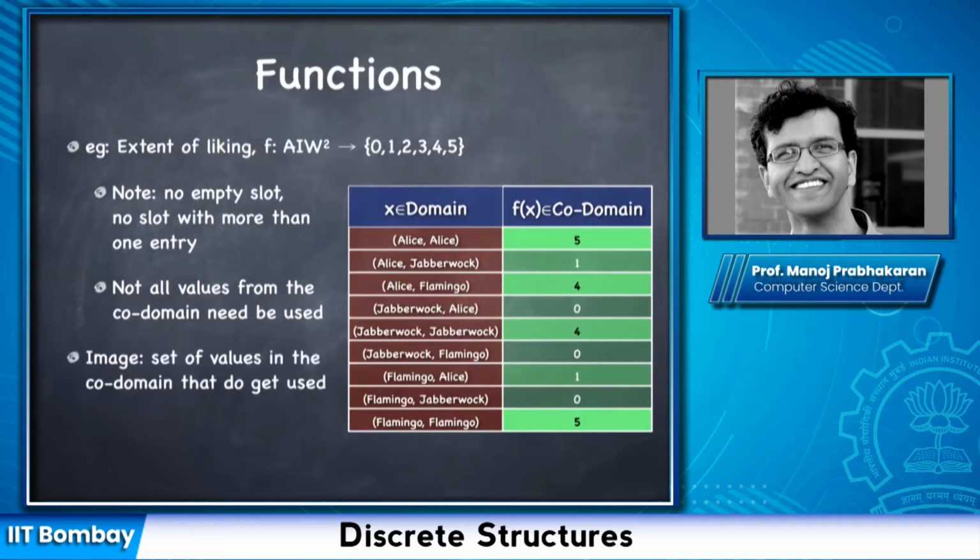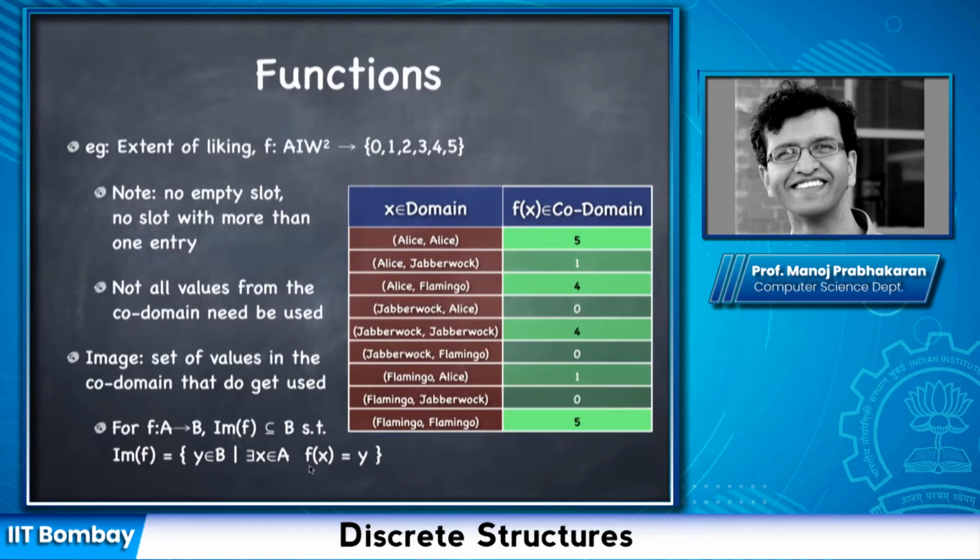That set of values which did get used by the function would be called the image of the function. Formally it's the set of all values in the codomain such that there is some element in the domain which is mapped to that value.